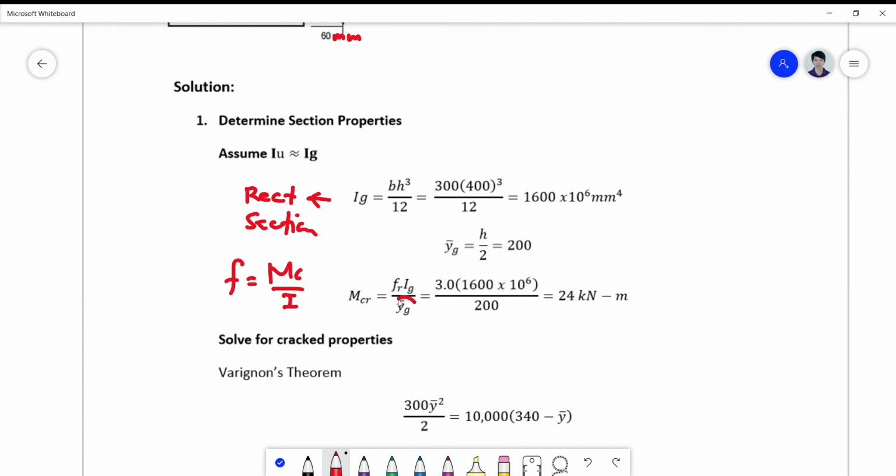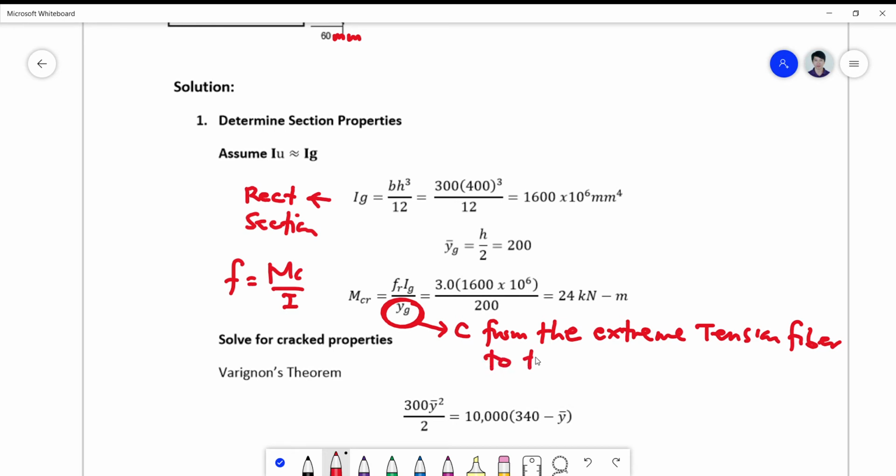So where your Yt here is simply the distance c from the extreme tension fiber to the neutral axis.